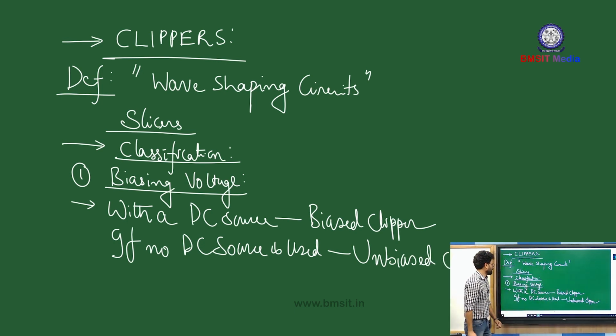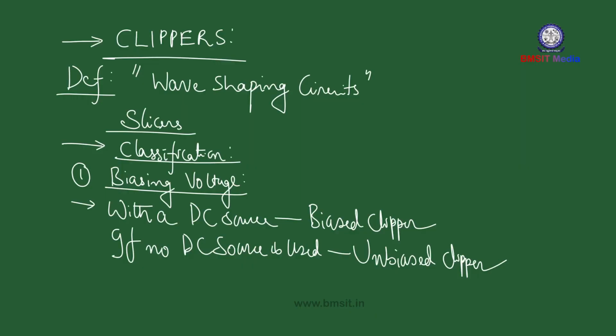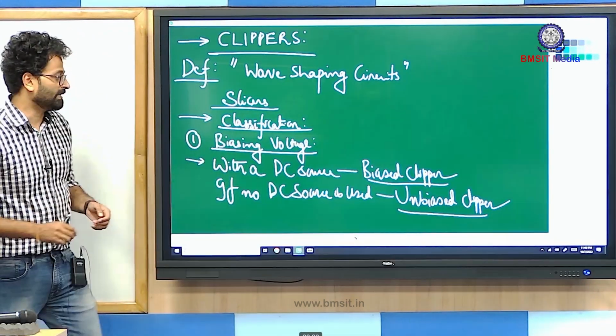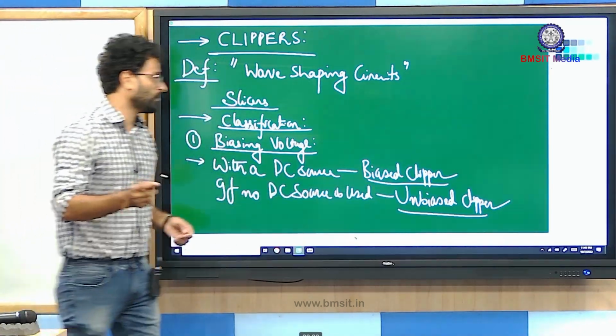So, on the basis of biasing voltage, you can have two types: a biased clipper and an unbiased clipper. A biased clipper will have a DC source in the circuit, and in case of an unbiased clipper, you're not going to have any DC source.